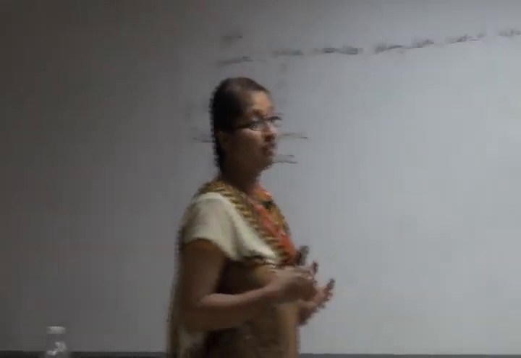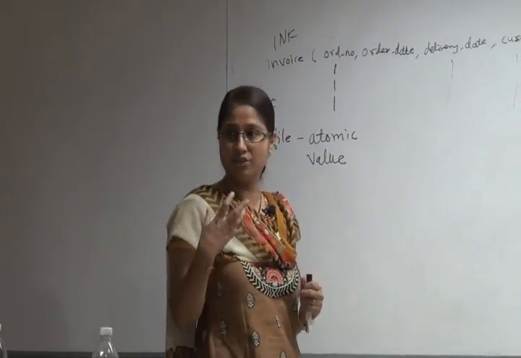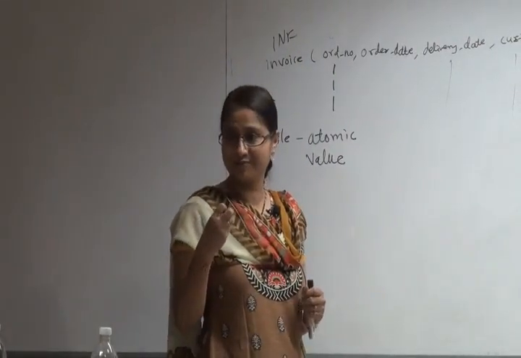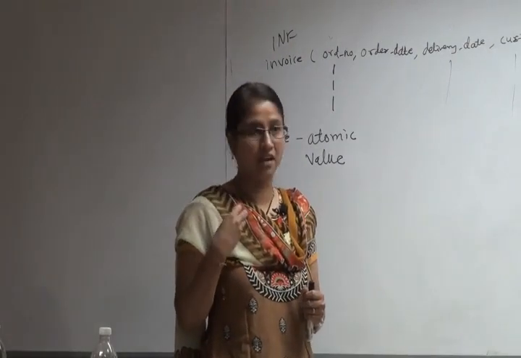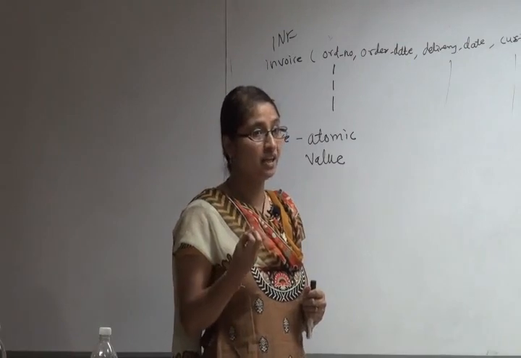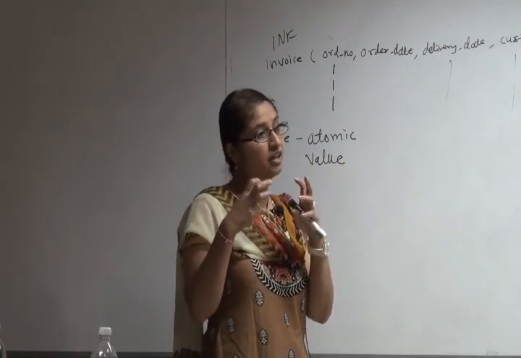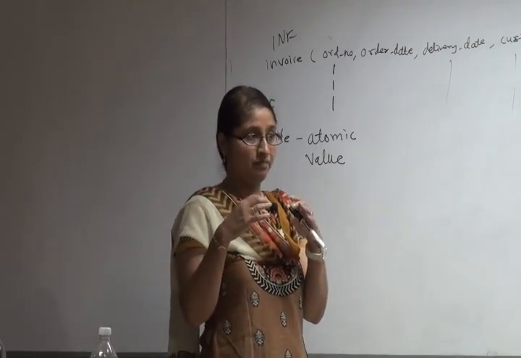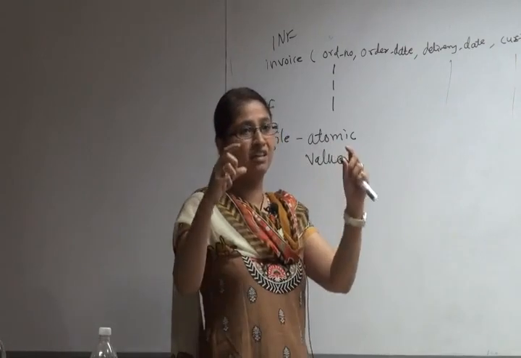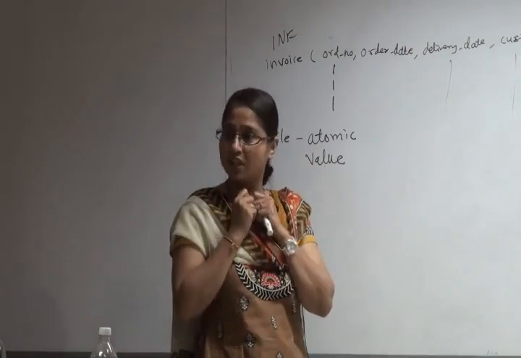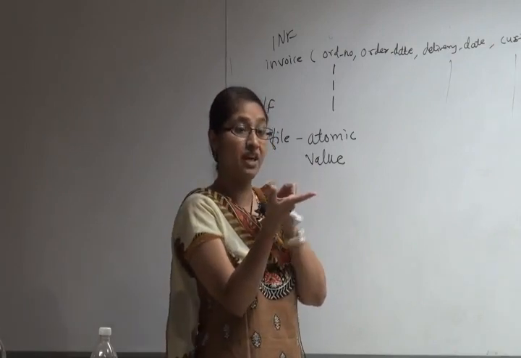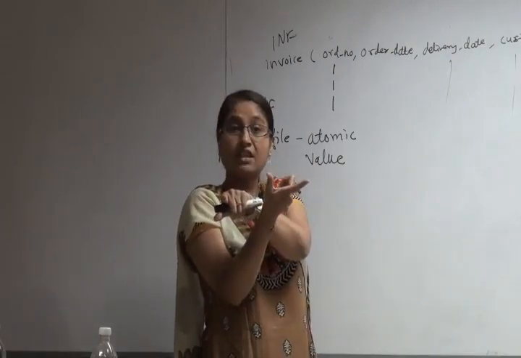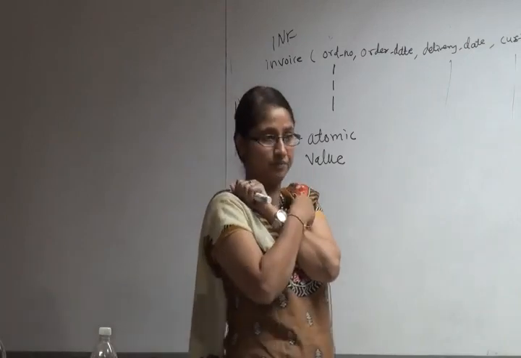So how do we retrieve? Whenever we are searching, we give a search criteria, right? Why do we give a search criteria? So we can have filtered records. Most of the time we want a single record. So that's why we give a search criteria in such a way that it will give us a single record.